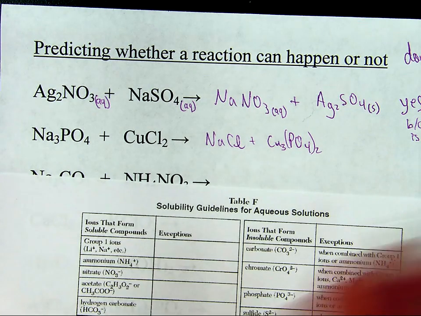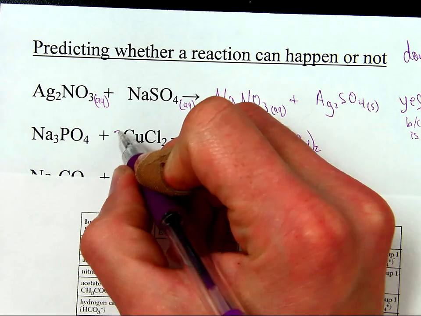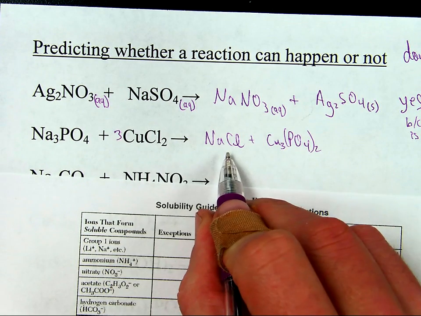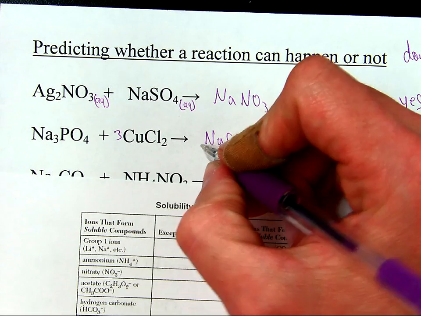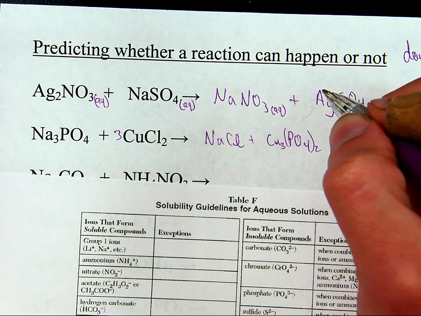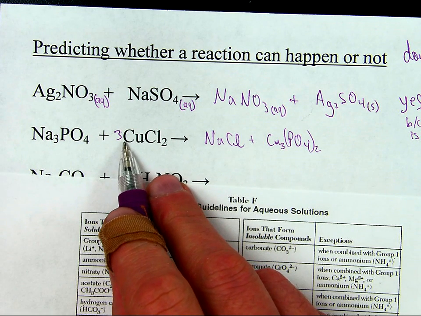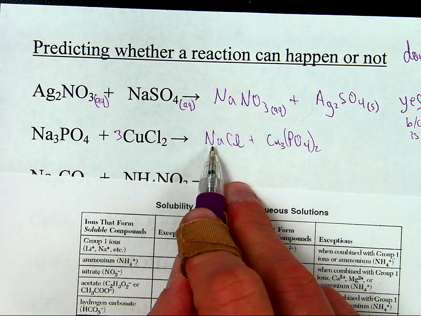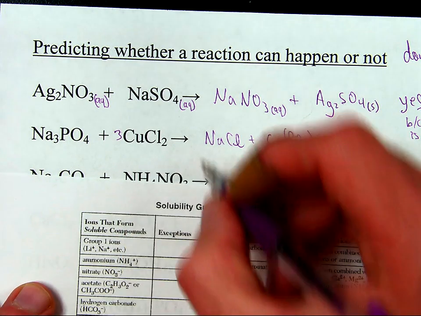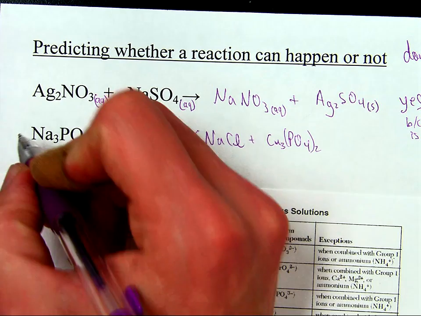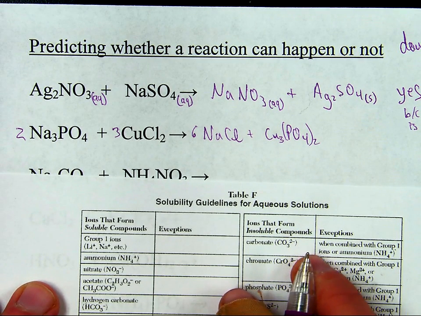And then I suppose one could balance this out with 3 coppers, and that leaves 6 chlorine. So you'd have to have 6, so you'd have to have 2 of these. And okay, that's properly balanced.